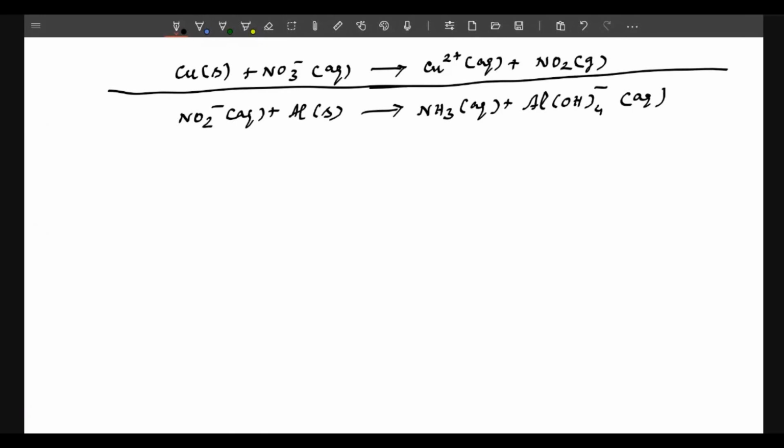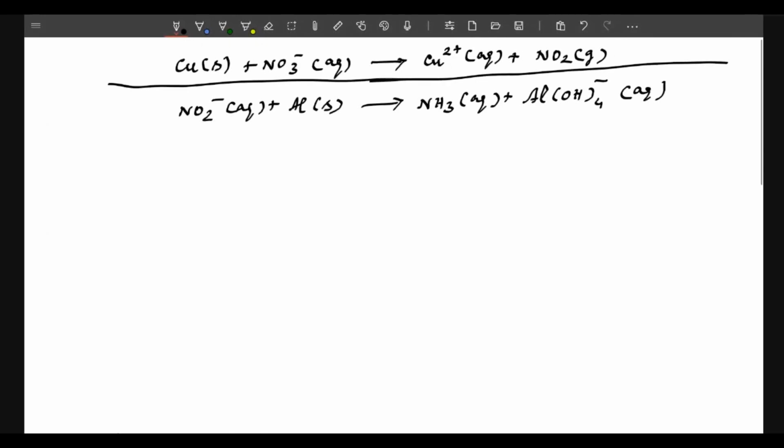We take NO2 minus giving NH3. This is the species undergoing either oxidation or reduction. Another half reaction is aluminium giving Al(OH)4 minus aqueous, the other species.